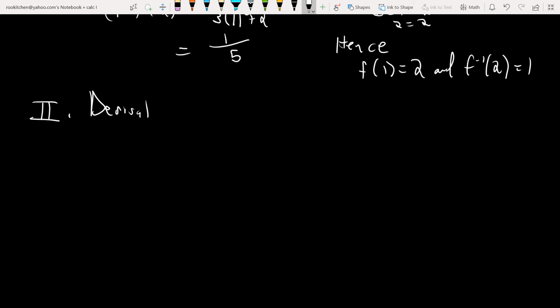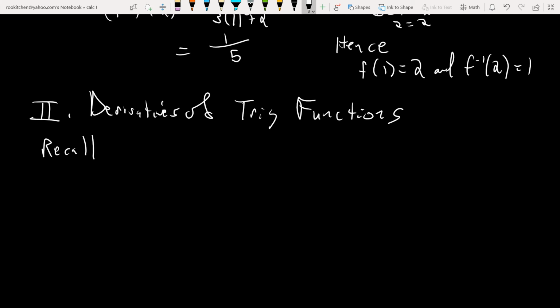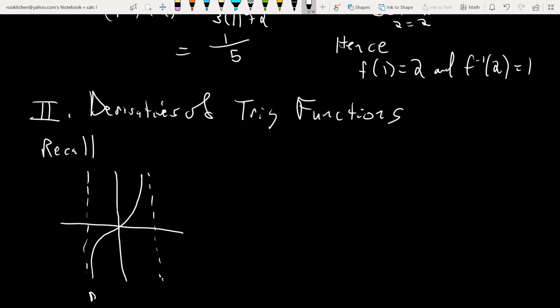So derivatives of trig functions, and just remember for tan inverse, I'm going to work with tan inverse. We restrict its range to negative pi over 2 to pi over 2. To make tangent invertible, I have to restrict its domain from negative pi over 2 to pi over 2.